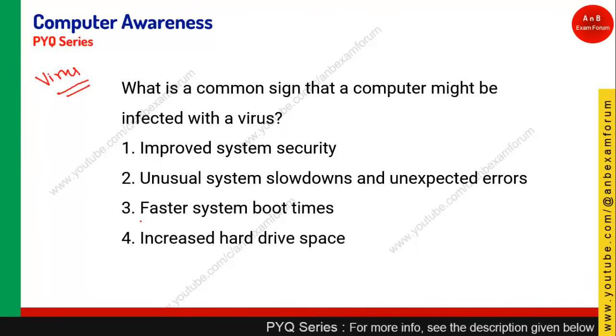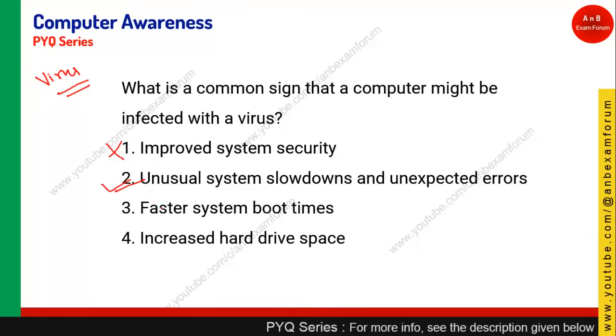And out of these 4 options, if you see one by one, improved system security. When a virus is infecting your system, it will not improve the system security, right? So this is incorrect. Unusual system slowdown and unexpected errors, yes, this is the answer.